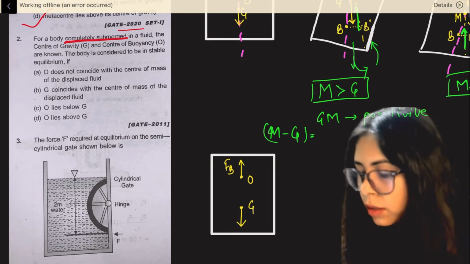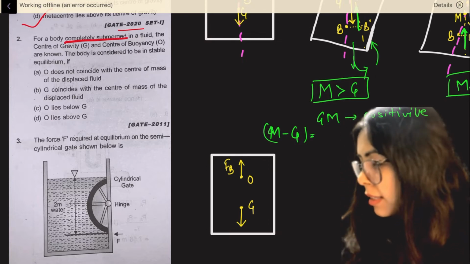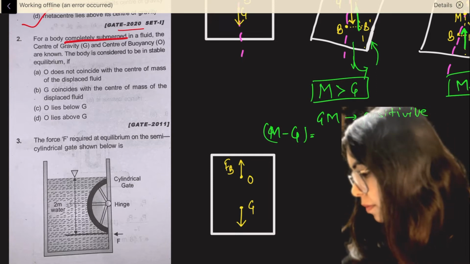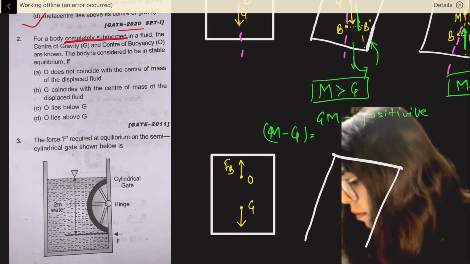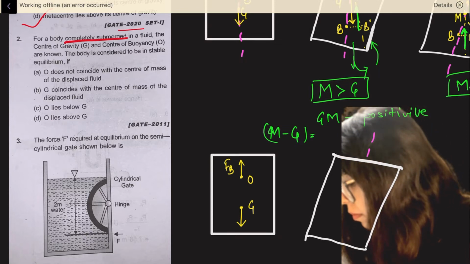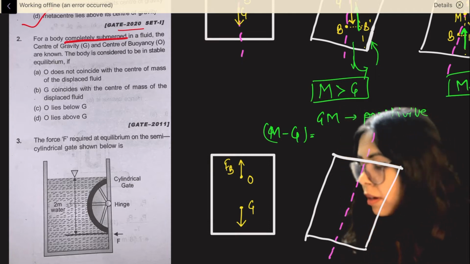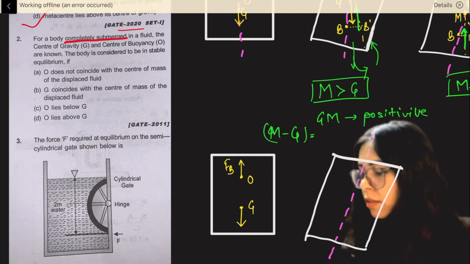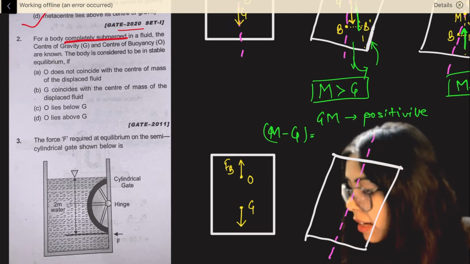Now the body is considered to be in stable equilibrium when, let's say, the body gets tilted like this. If we want a stable equilibrium, I want the effect of gravity to be cancelled out by the buoyant force.